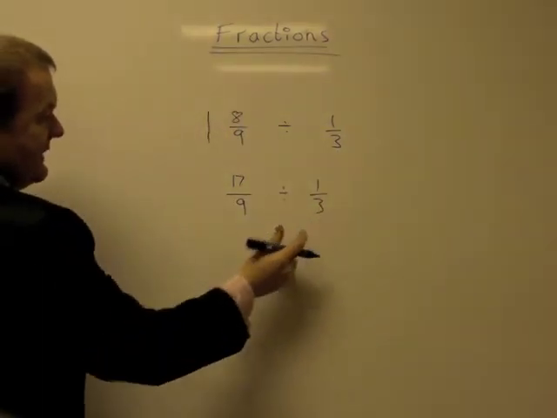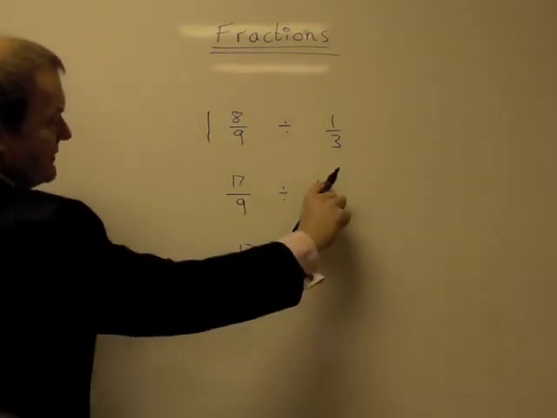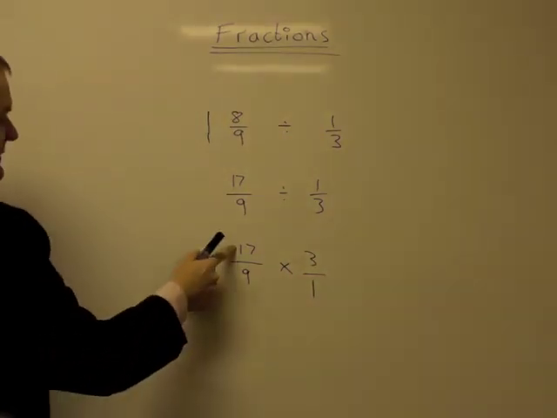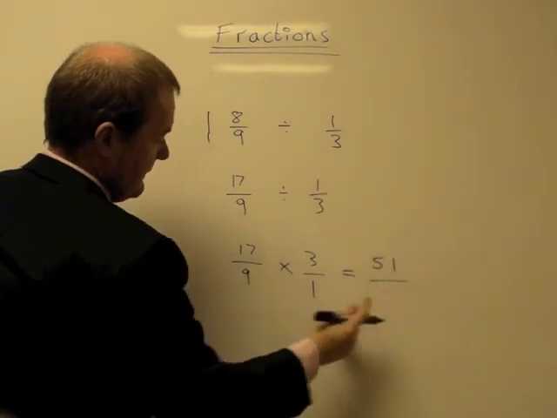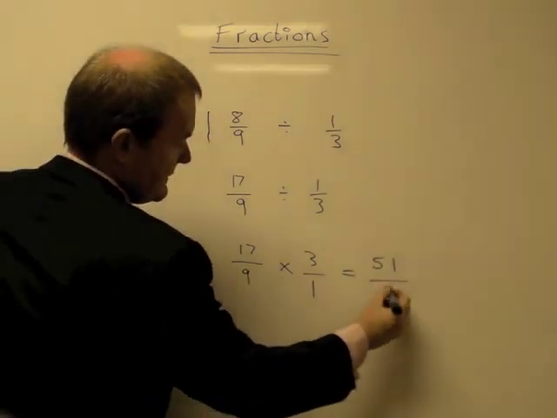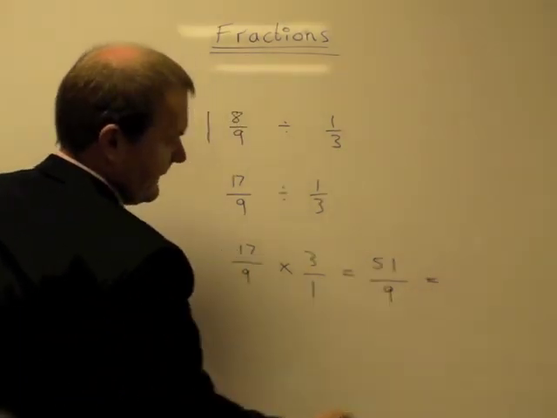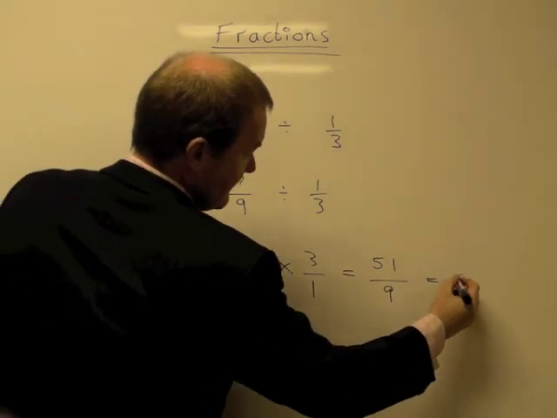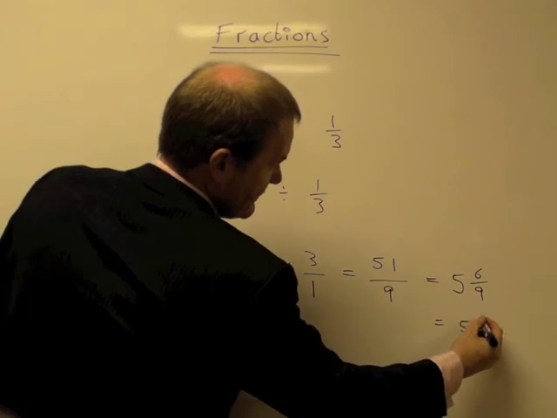Now, to deal with the divided by a third, I'm going to change the divide to a times and turn my fraction over, 3 over 1. So I've got 17 times 3 is 51. 9 times 1 is 9. 51 over 9. Need a 9 times table. 5 nines are 45, so it's 5 and 6 over 9, which is the same as 5 and 2/3.